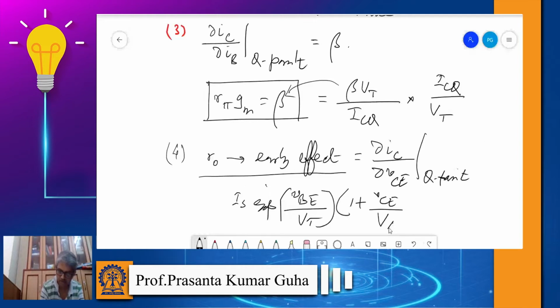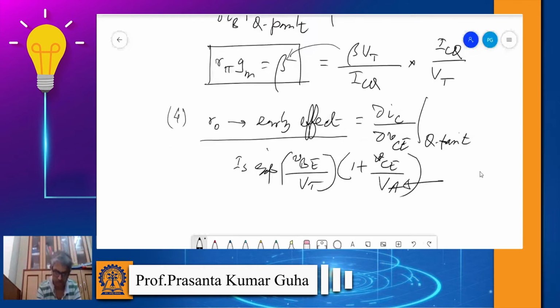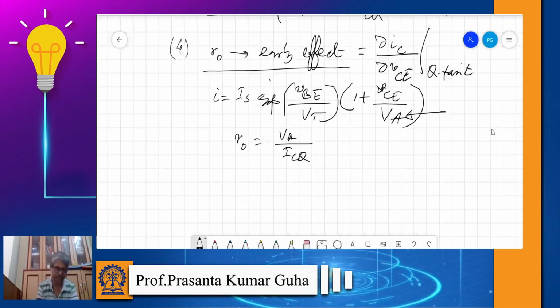If you take the derivative of this IC with respect to VCE at Q point, you ultimately get R naught equal to VA over ICQ. Okay, this relationship we have discussed before. So these are the four small signal parameters which we will use to replace our BJT when we discuss the small signals.